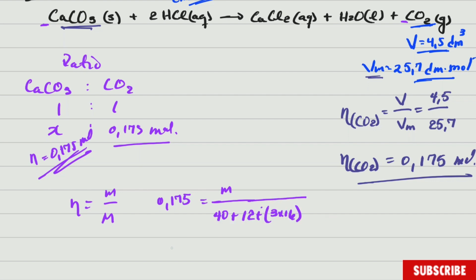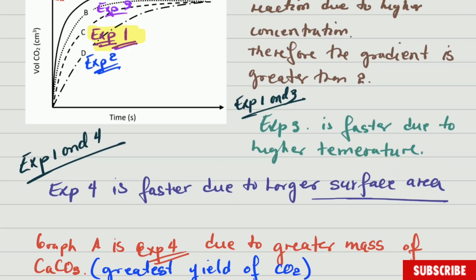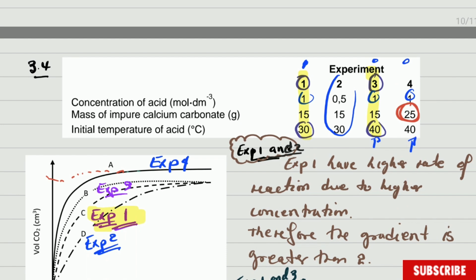When we do this calculation, the mass of calcium carbonate that did react was 17,5 grams.